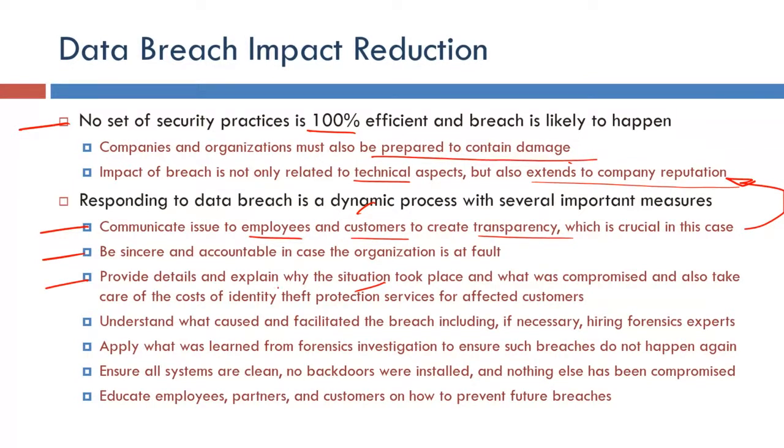You have to provide details and explain why the situation took place and what was compromised, and also take care of the costs of identity theft protection services for affected customers. Sometimes hackers attack what's called Social Security in the US. Social Security has the information, the details of every person in the US. It's not just the citizens; it's also the foreigners who live in the US.